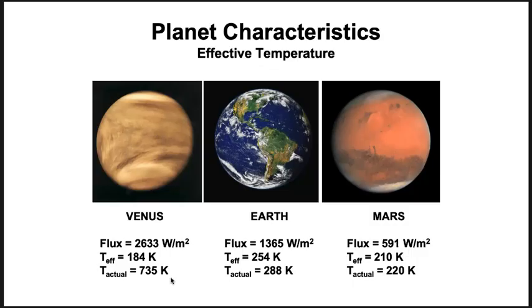It's a good prediction for what the temperature of a planet should be. But if you want to get the whole picture, then we've got to figure out how much extra warming we're going to get on the planet's surface caused by the atmosphere. How do we do that? That'll be the topic for the next lecture.